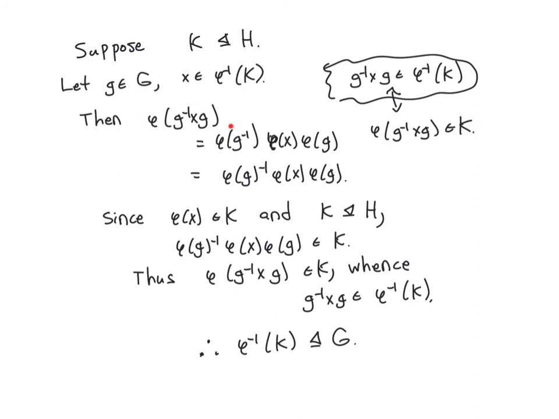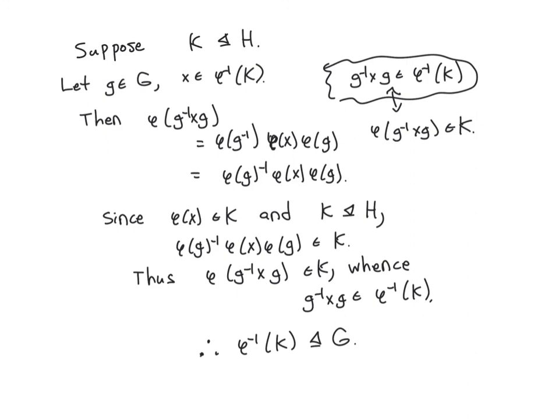Let's look at phi of g inverse x g. This is a group homomorphism, so phi of the product is the product of the phis. Phi of g inverse is the inverse of phi of g. And so you get this expression. We know phi of x in the middle here is an element in K, and we know K is normal in H. The two outside terms are elements in H, because they're phi of g.